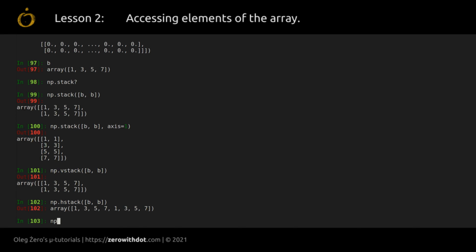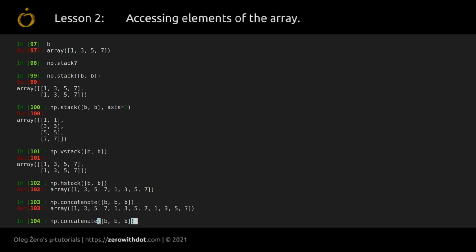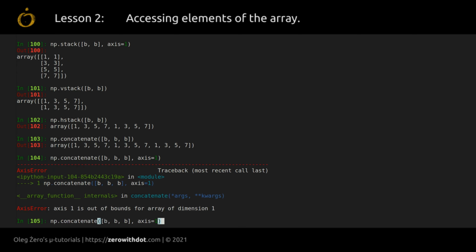Another thing is np concatenate, and it does exactly what I said. It concatenates the arrays, and it's just like hstack or vstack, but you need to put the axis parameter here. Sorry, b doesn't have, yes, and that's because we would need to reshape all the arrays like that, -1, 1, shape -1 and 1.